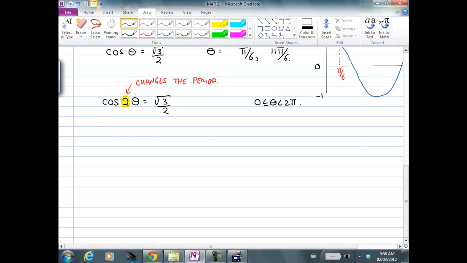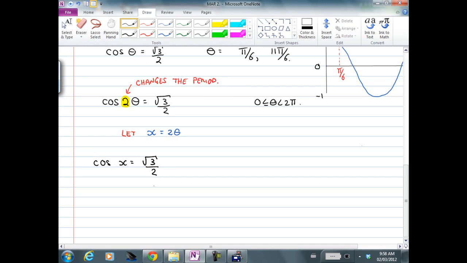Now the problem is we have never dealt with 2 theta before. We only dealt with simple stuff. So I'm going to say this: let, choose any letter you like, x equals 2 theta. I have never dealt with 2 theta before, but I've done a simple question. So this can be written as cos x equals root 3 over 2.